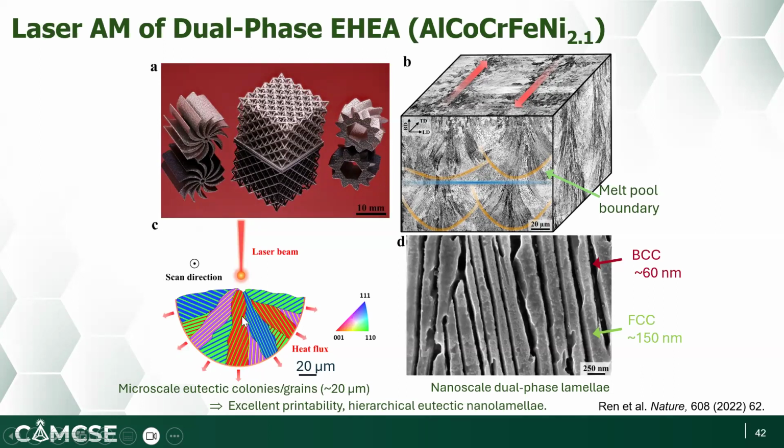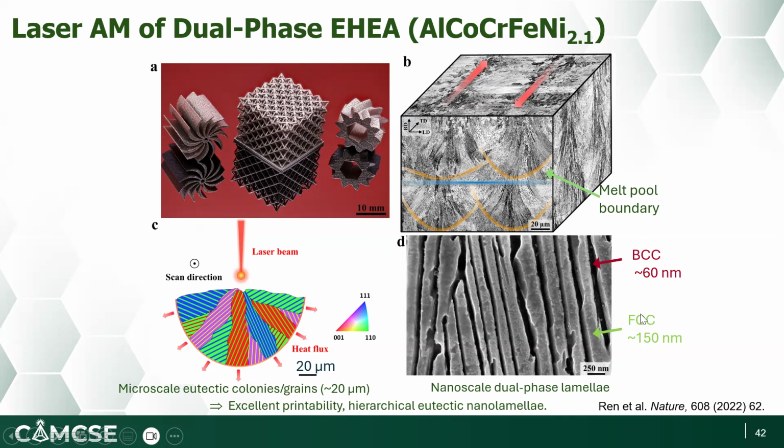If you zoom in further, within each eutectic colony you will see dual-phase nanolaminar structures. The BCC nanolaminae are about 60 nanometers in average thickness, and the FCC nanolaminae are about 150 nanometers in thickness.